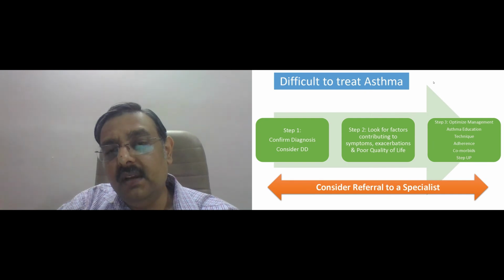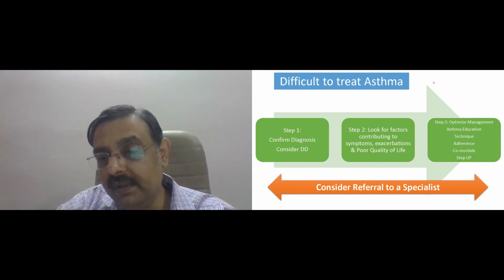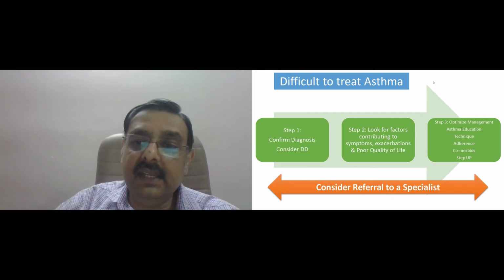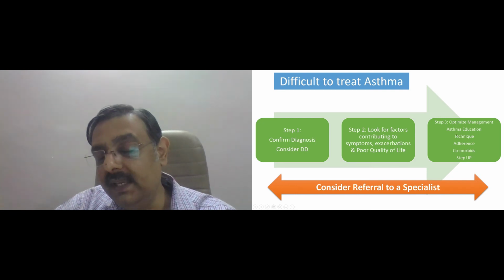And at any point during your treatment, you are looking at asthma education, the technique, the adherence, the comorbid conditions, and you want to step up. These things should be done at all stages, and no one should omit these because these are the most important things.